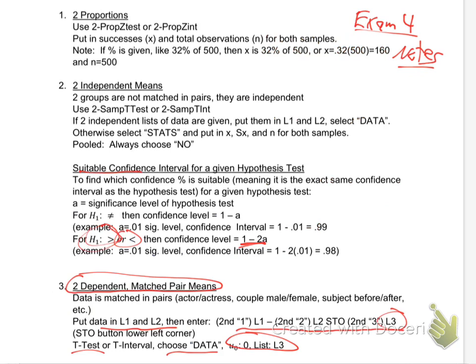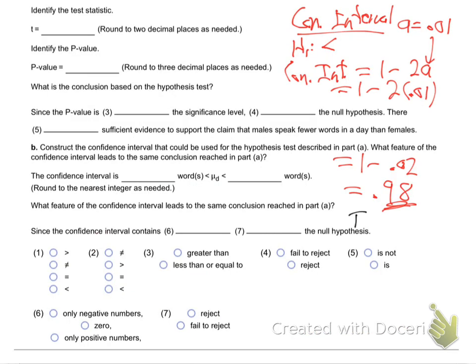Going back here, you go to T interval. All the other information is already there. Choose data, L3. So let's do it. T interval on our stats menu. Choose data, and the list, where's our data to be found?